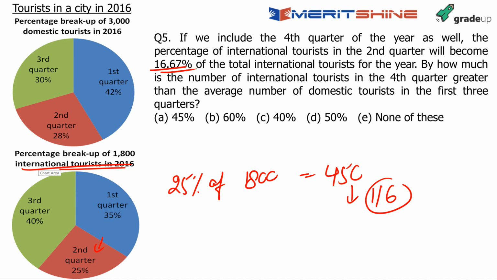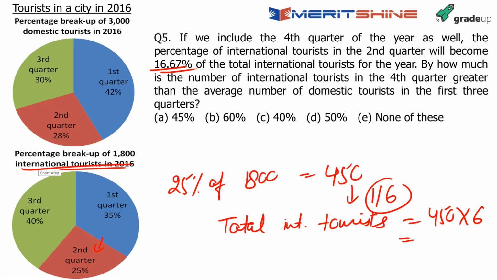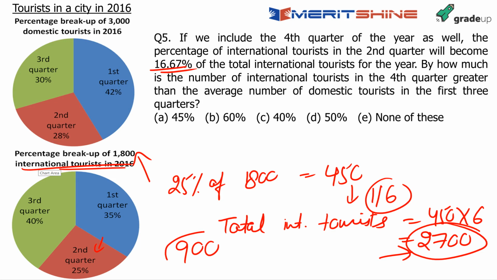Fine. So the total number of international tourists becomes 450 into 6, which is equal to 2700. I do not think anybody would have a problem with this. So this number for the first 3 quarters was 1800, now it's 2700, the difference is 900. It means that 900 is the number added for the fourth quarter when it comes to international tourists.